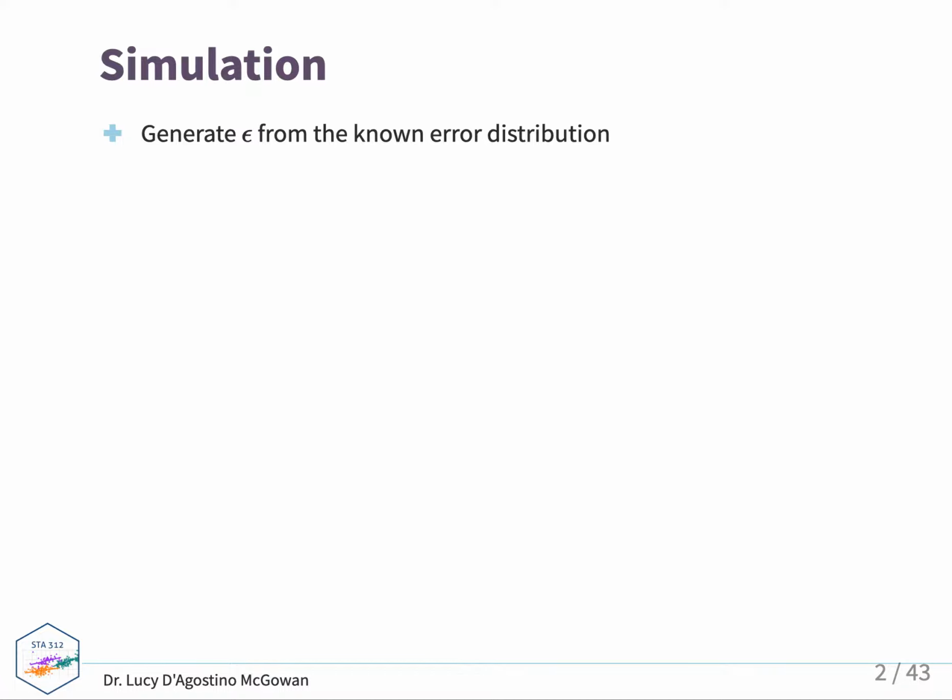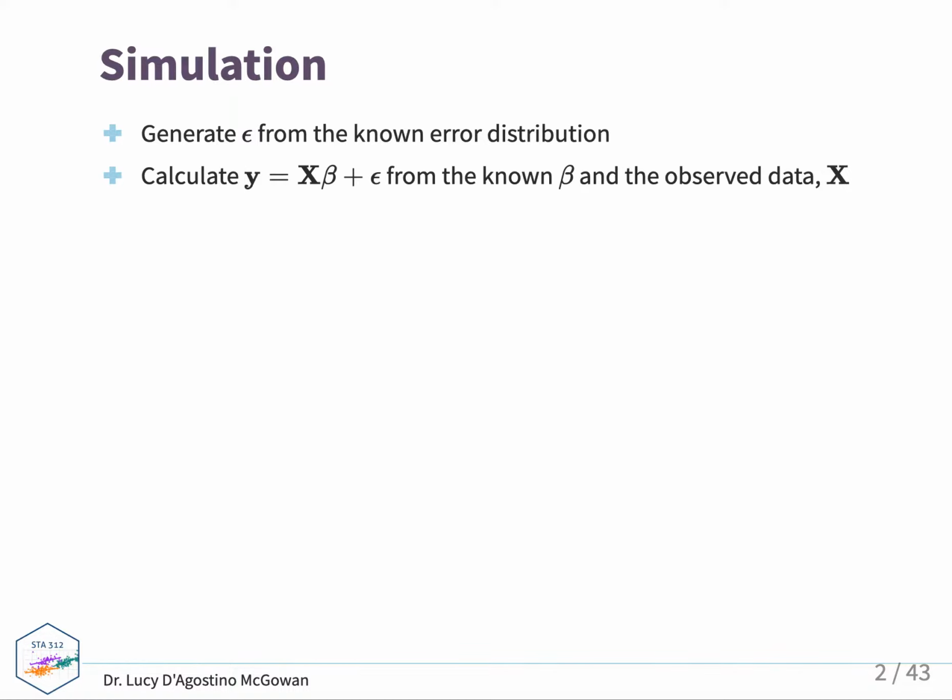What I've just described is what we often in statistics call a simulation. The way a simulation would work in the context of least squares or linear regression is we would generate the errors from the known error distribution. You would generate a whole bunch of different errors from the known distribution, and then calculate y equals x beta plus epsilon, from a known beta.